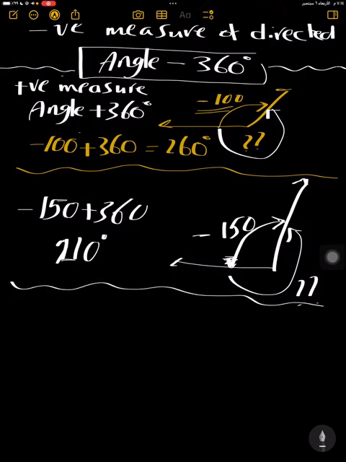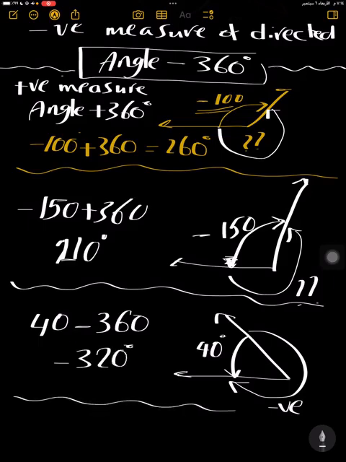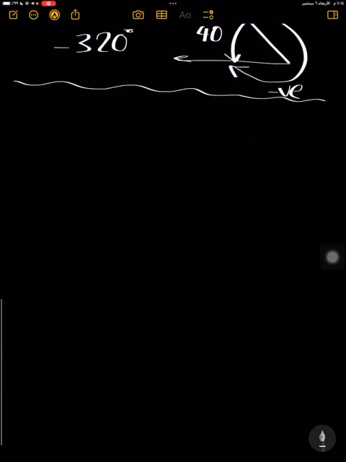Another example. If the positive measure of the directed angle is 40 and we want to find the negative measure, we make this angle minus 360. 40 minus 360 is negative 320 degrees.